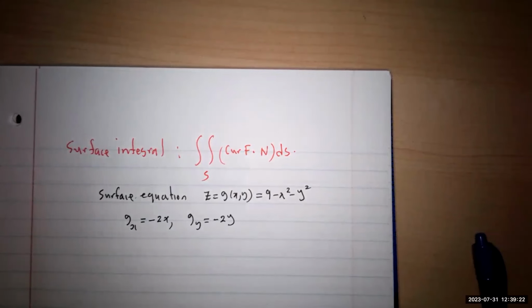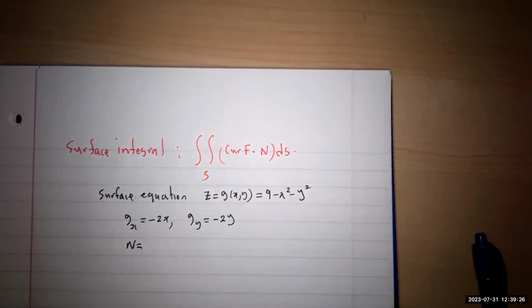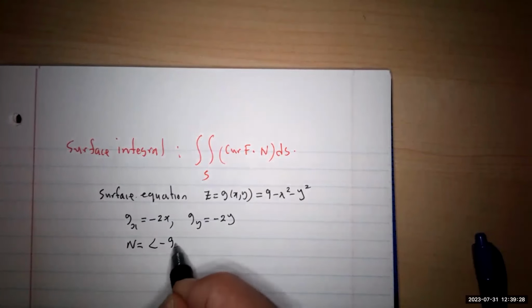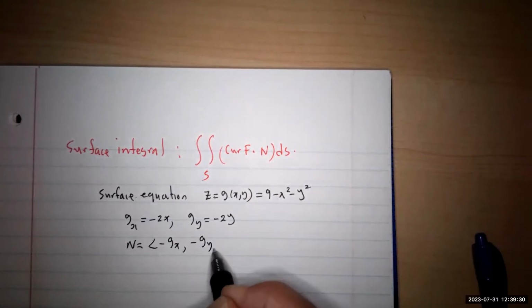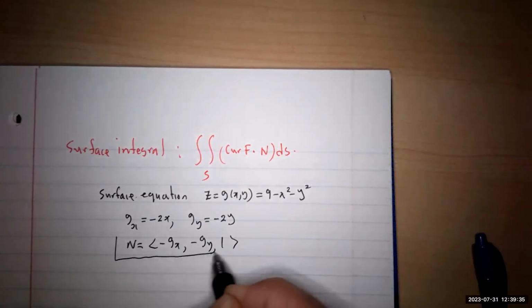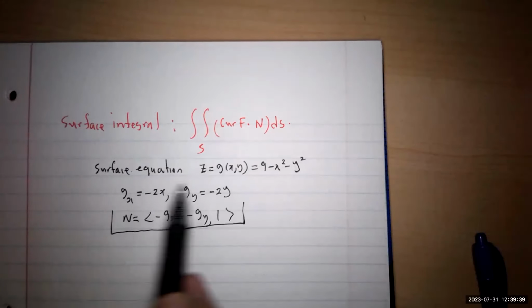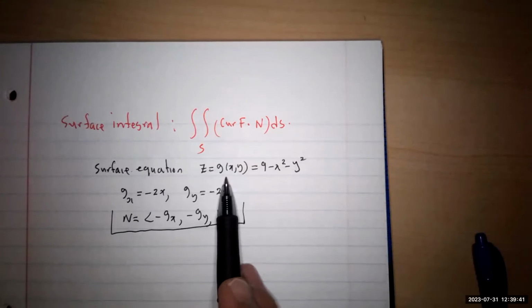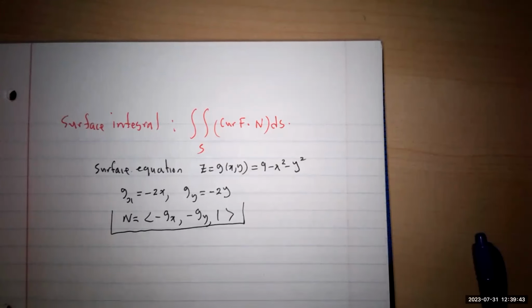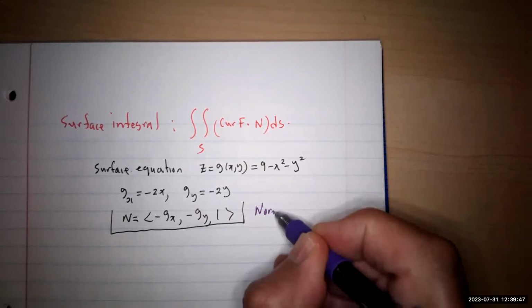You know the normal vector for this one, and we already talked about it, is negative g sub x, negative g sub y, and 1. Make sure you remember this one, it saves you some time. When the surface is a function of x and y, this is the normal vector all the time.